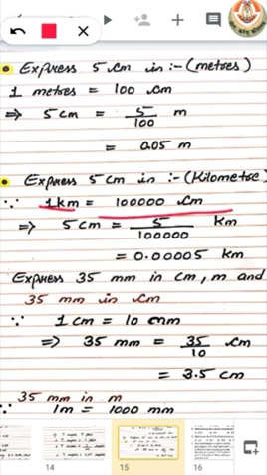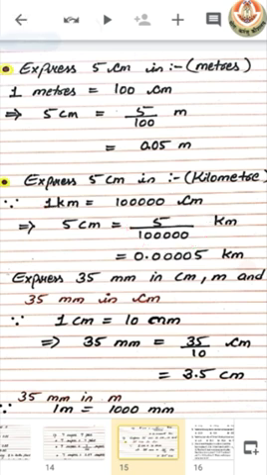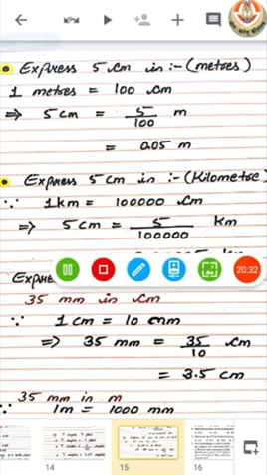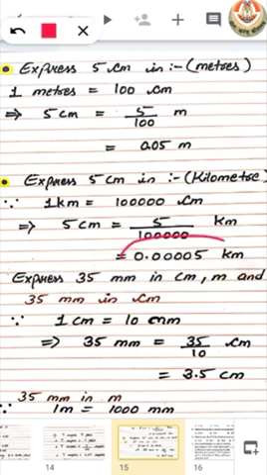For this we have to divide 5 by 1 lakh. After dividing we get the answer, that means 5 centimeter is equal to 0.00005 kilometer.